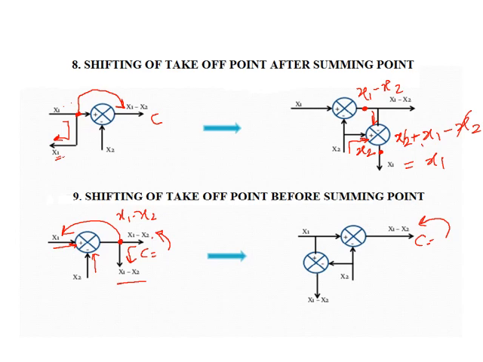Now here, see, I have shifted this takeoff point before the summing point. So you can check after shifting of the takeoff point, an extra summing point is added. This is actually the output of the takeoff point, and the output of the takeoff point should be the same as that of the previous.